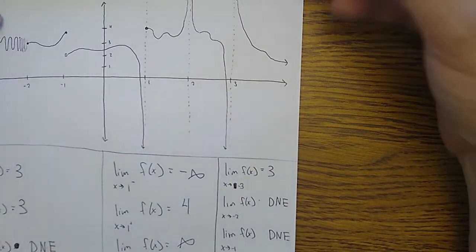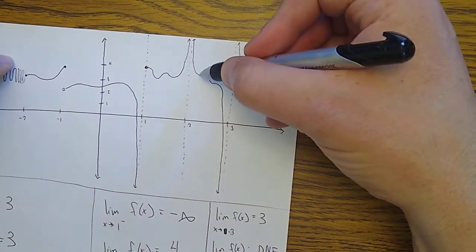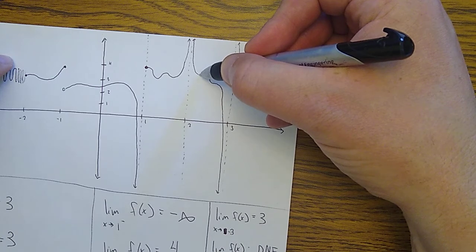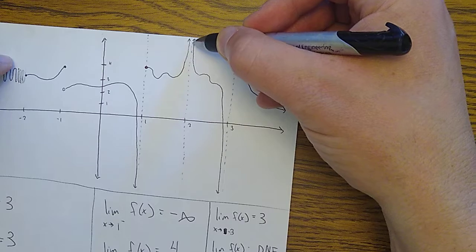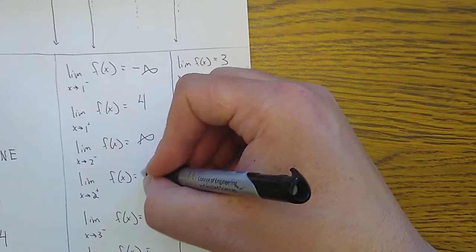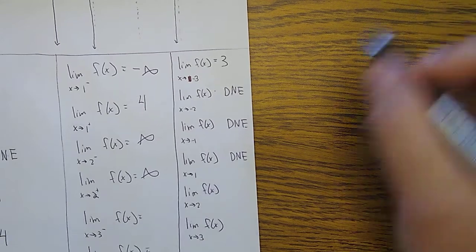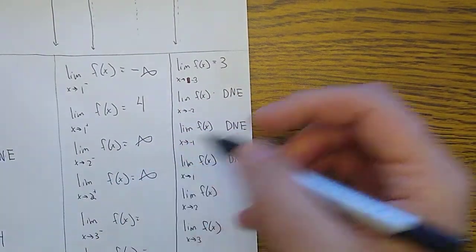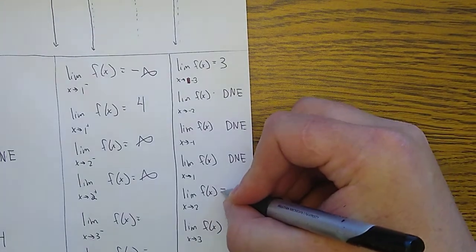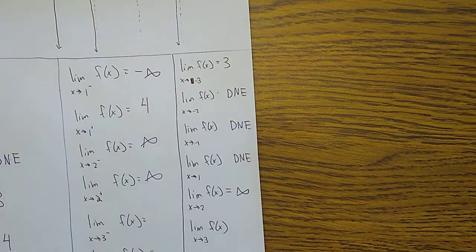Meanwhile, if I do 2 from the right, this time I see something similar. I'll start my pen somewhere slightly to the right of 2, and then I'll move slowly towards 2, and I find myself moving up and up and up. So I would say this is infinity. And like I was saying, since the left limit was infinity and the right limit was infinity, this one I am going to say is infinity.